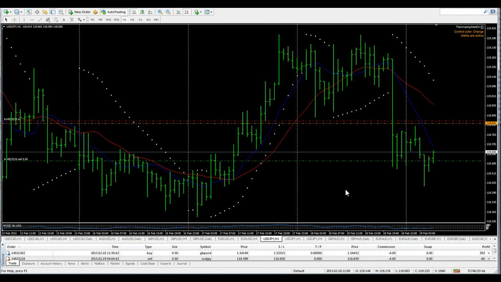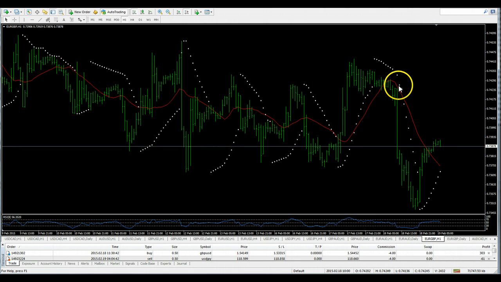What we can see so far is, if we take a look, for example, on the euro pound, we do have this big drop that came down going into the London and New York session for Wednesday, of the euro losing against the pound.